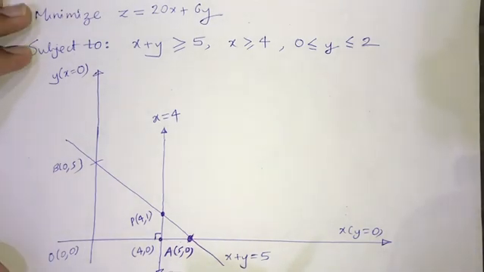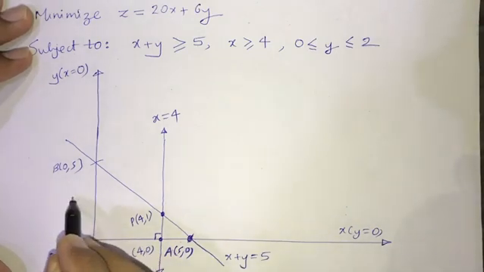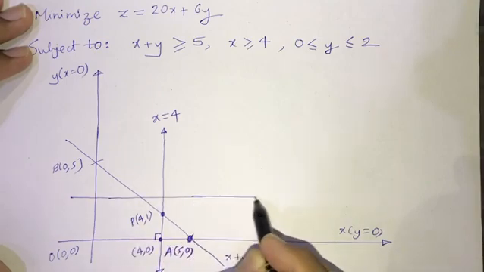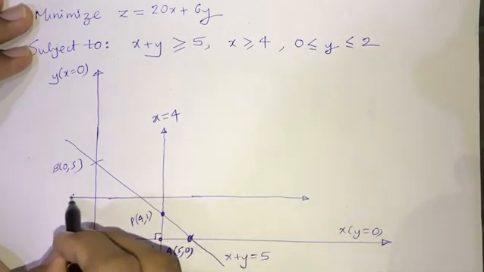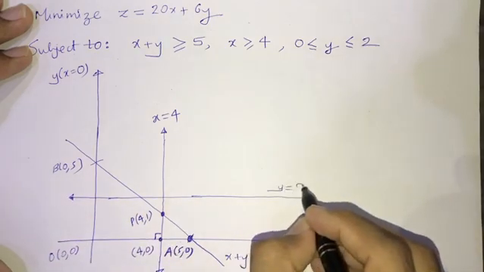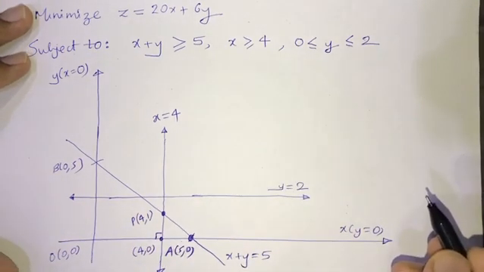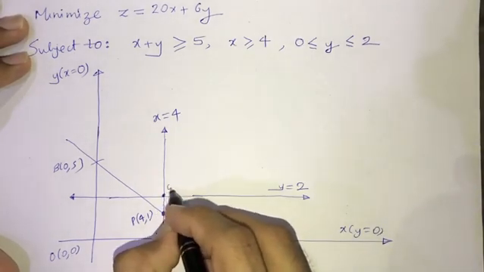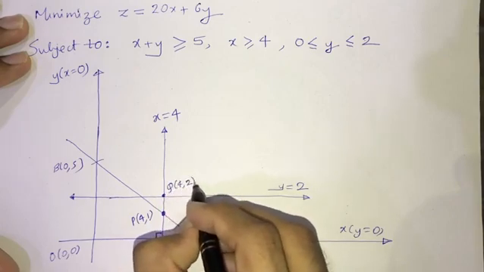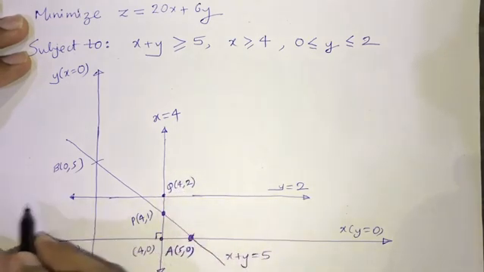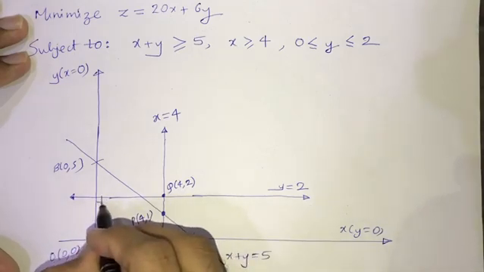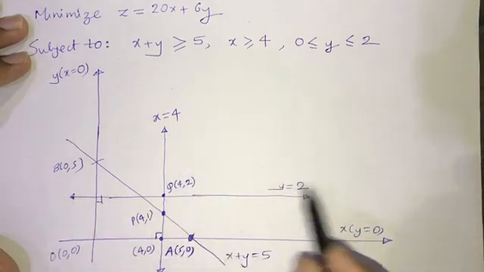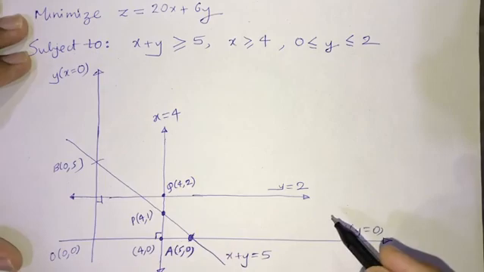It will be perpendicular to the y-axis, and it is going to pass above 4 comma 1. This is going to be the point Q, which is 4 comma 2. Y equal to 2 is perpendicular to the y-axis, and x equal to 4 is perpendicular to the x-axis.